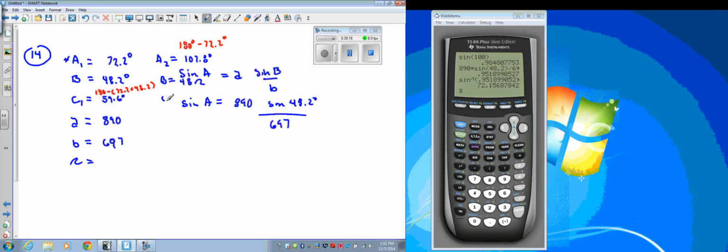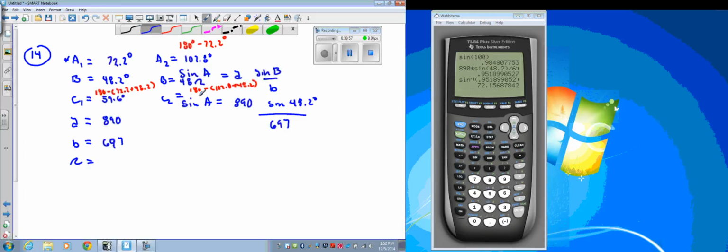Now this C2 is going to be 180 minus the sum of 107.8 plus 48.2. Whatever that is.